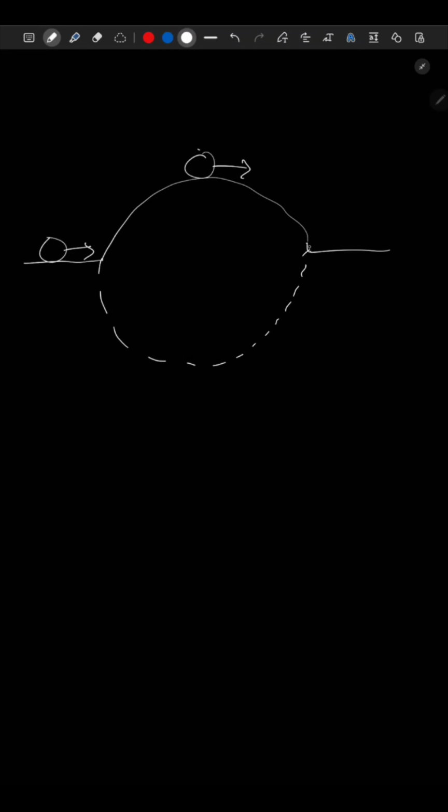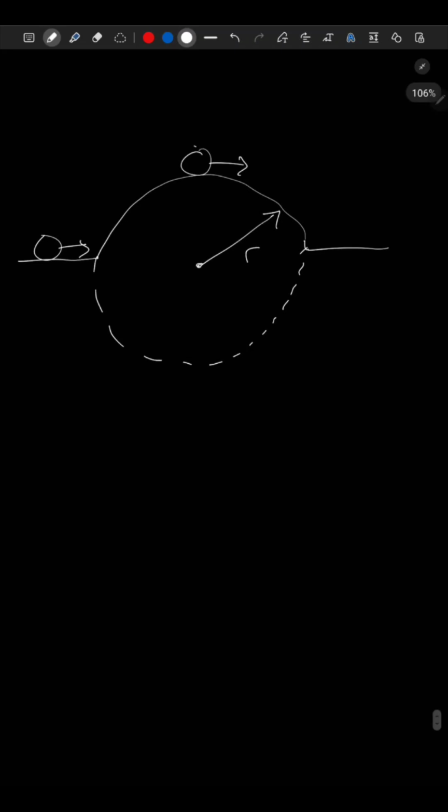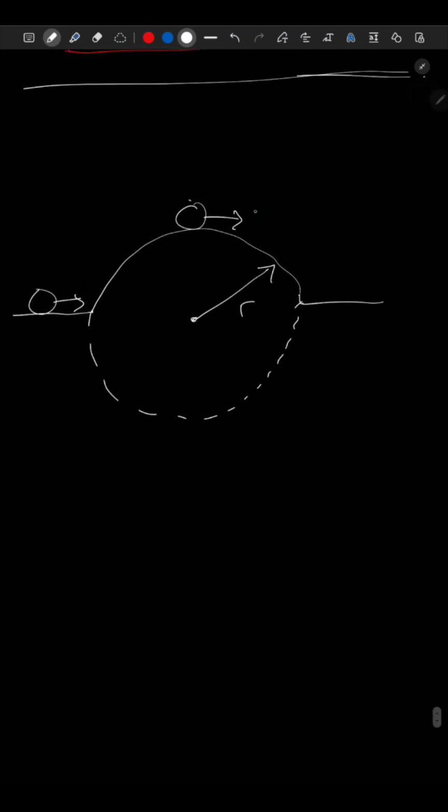Let's look at an application of circular motion. Suppose you are in a car and your car is traveling and goes on a bridge. Suppose a bridge can be thought of as a circle, and it would have a radius of r, and you are traveling at a velocity v.